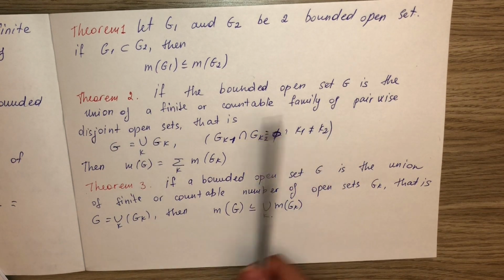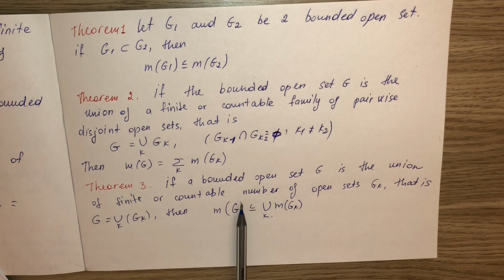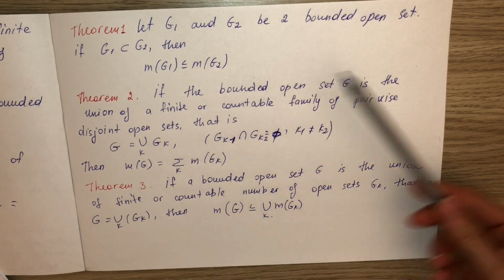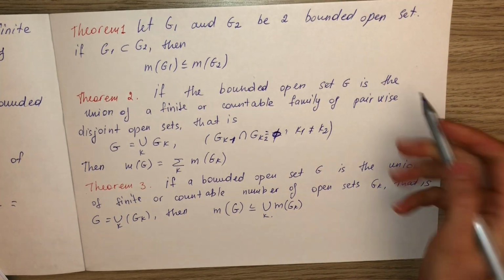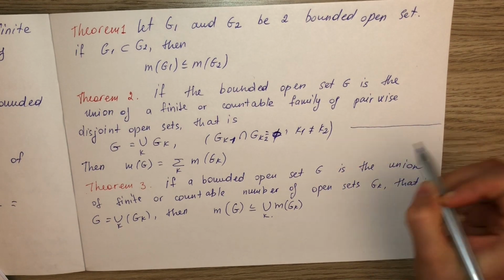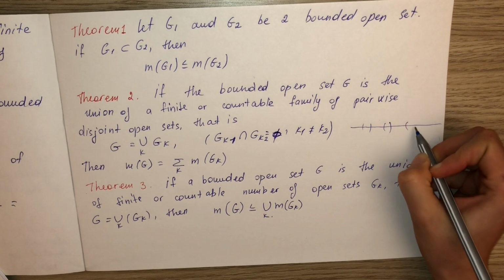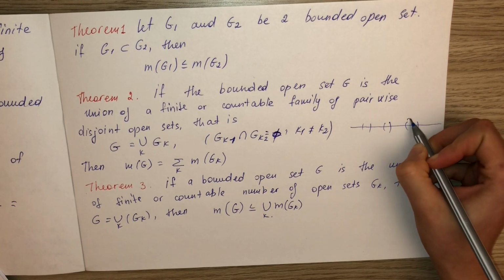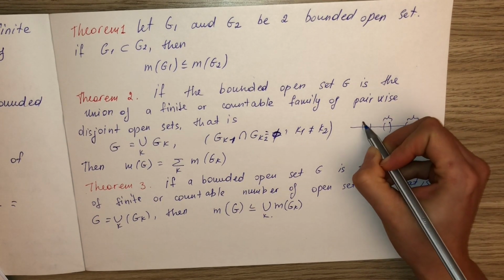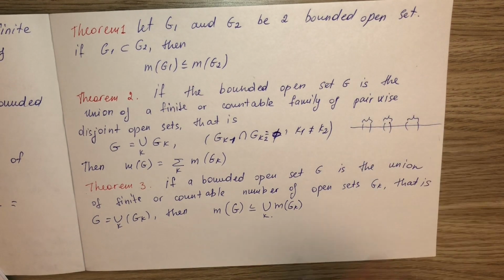It means that they have no common elements. But here it is just a number of open sets. It means that they may have common elements. For example, here the pairwise disjoint sets are, okay, they are disjoint, they have no common elements.